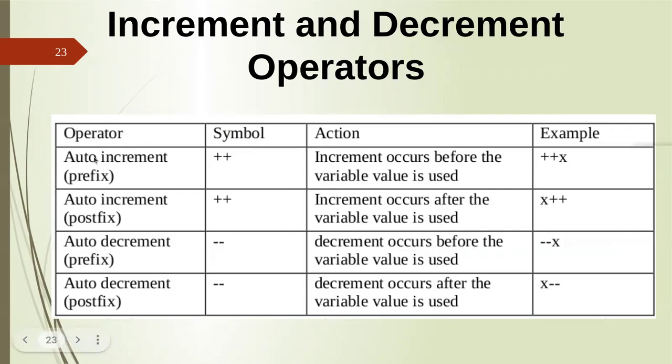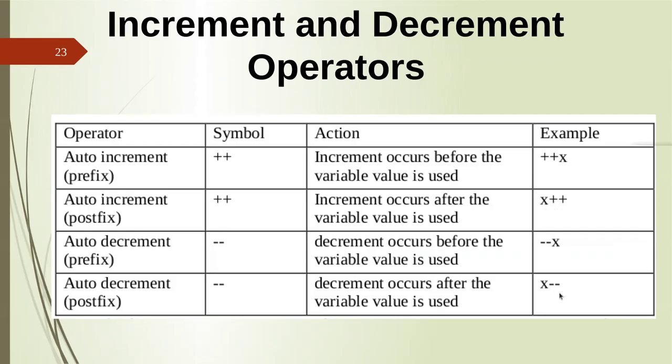These are auto increment. Auto increment will increase one by one. If the variable has value 1, the next one becomes 2. We can write increment like this, or like this.